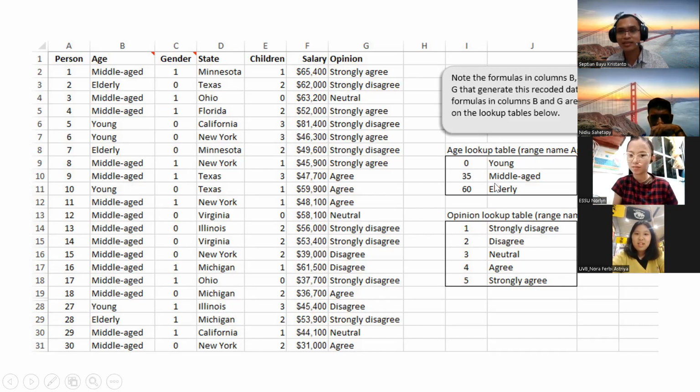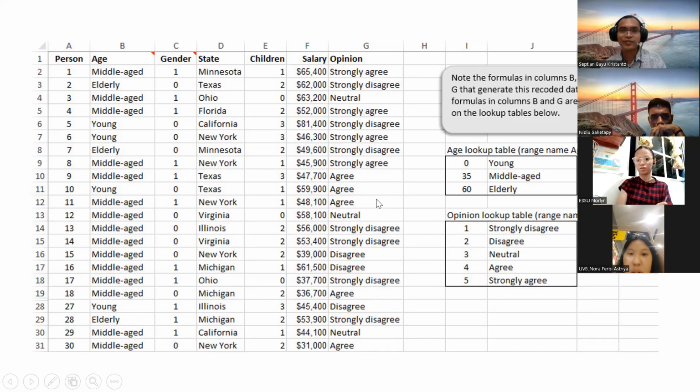Elderly is more than 60 years and young is below 35. And then the gender is also categorized. Even if you are looking at the numbers 1 and 0, or what we call the dummy variables, this is not presenting that number 1 is better than 0. Okay. It's only for the classifications.